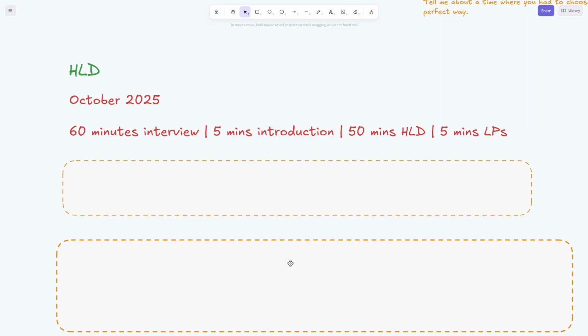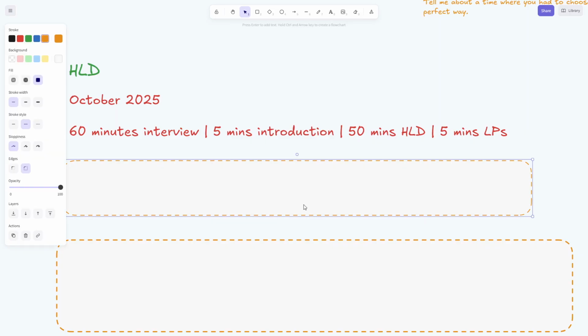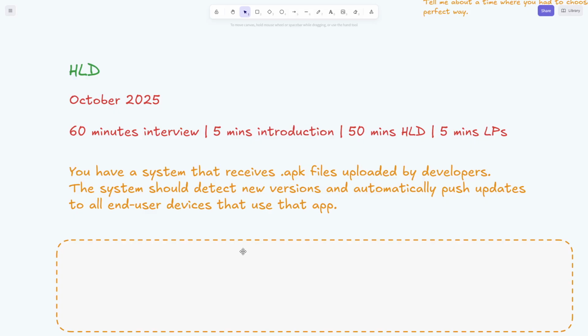So the problem statement was something along the lines of: I have to design a system that receives .apk files uploaded by developers, and our system should be able to detect those new versions and automatically push updates to end user devices.